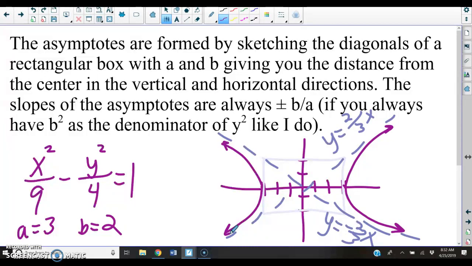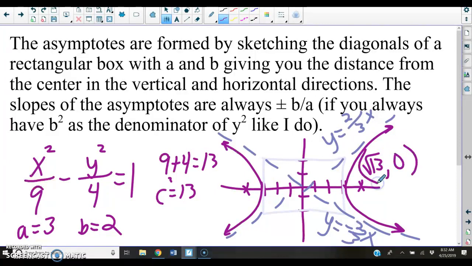Now the foci, got to get the dark purple. a squared plus b squared equals c squared. So c squared is 13. So c is going to be the square root of 13 from the center on the transverse axis.